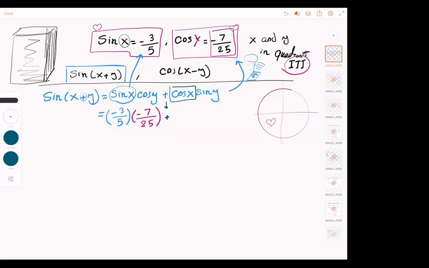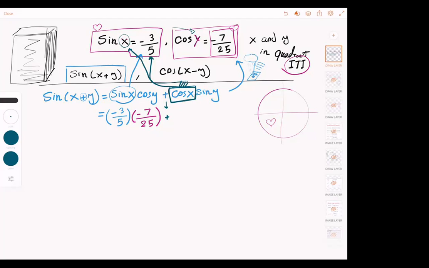So can anybody tell me how do we get the cosine of x? Can you use Pythagorean theorem? Excellent. So we've got to find cosine of x. What do we have in x? We have sine of x. So this one, we need to get it from this one. There's nothing to do with y; the y is different, correct?